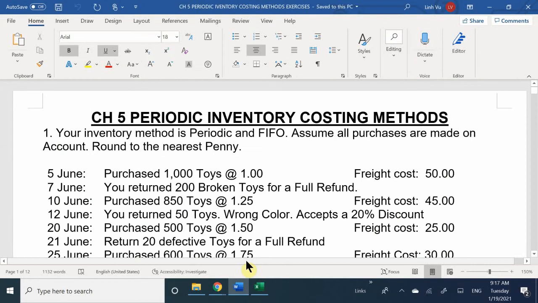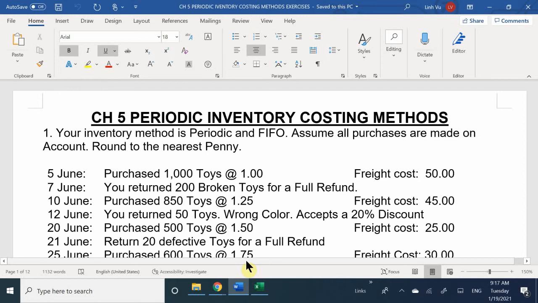Okay. All right. So what happened on June 10? We purchased 850 toys at $1.25 and the freight cost me $45. So here, this is where I'm going to ask you guys, what do you want to go first? Do you want to go to the journal first, lay down the foundation?